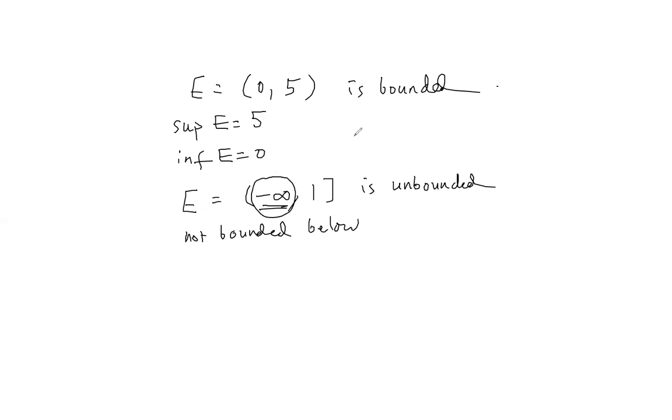Okay, please take note that infinity is a concept, right? It's not a number, yeah. So generally you cannot do any algebra on infinity because it's actually not a number. It just means some number that is extremely large.